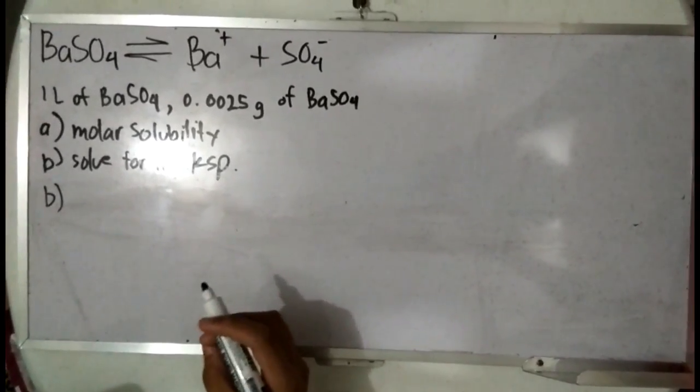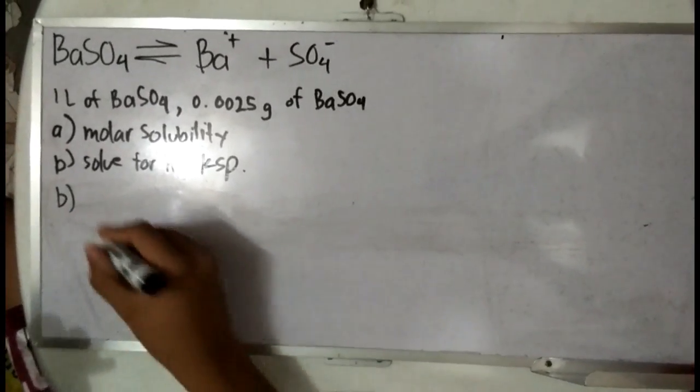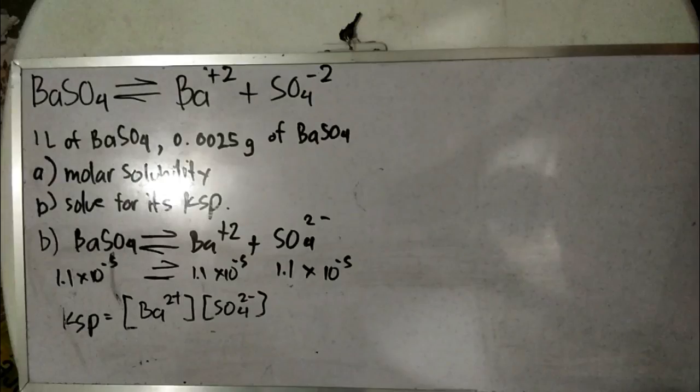Now that we know the molar solubility of barium sulfate, we can solve for its missing KSP. The dissolution equation shows that each formula unit of barium sulfate that dissolves produces one Ba2+ ion and one sulfate 2- ion. So, 1.1 times 10 raised to negative 5 moles of barium sulfate would produce 1.1 times 10 raised to negative 5 molarity of Ba2+ and 1.1 times 10 raised to negative 5 molarity of sulfate 2-.